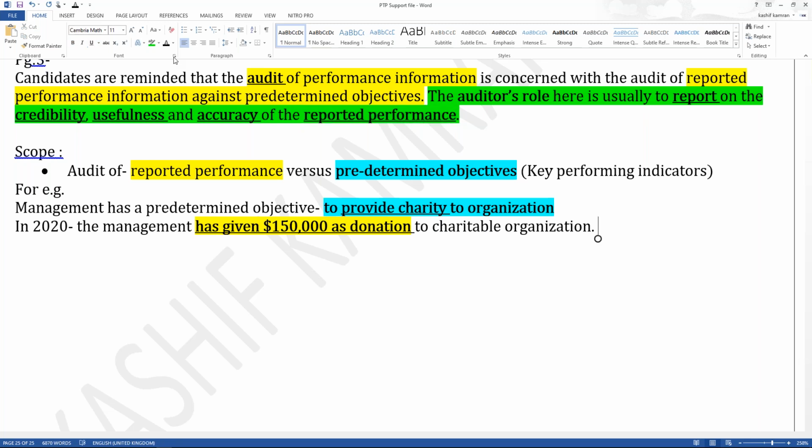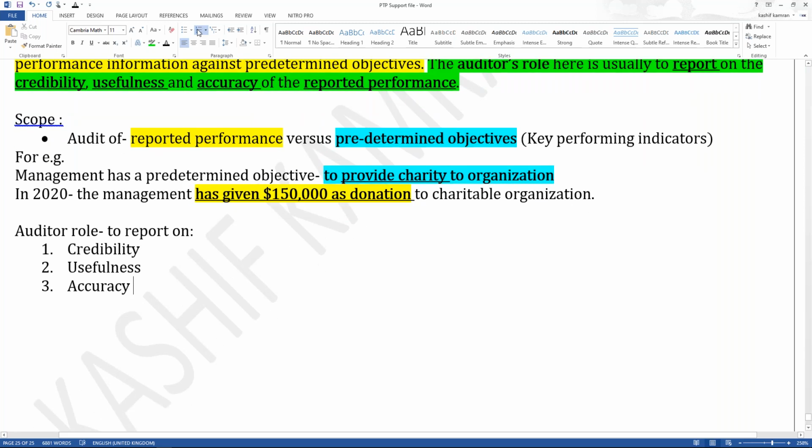The auditor's role is to report on three things: number one, the credibility, the usefulness, and the accuracy of the reported performance information. So you are performing an audit, right?